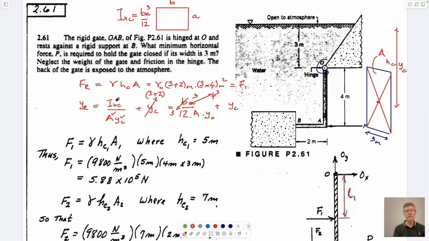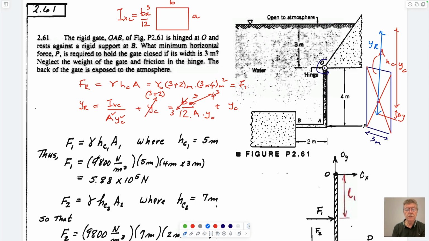So we know the second moment of area about the centroid around the x-axis, which is BA cubed over 12. And so we can calculate what that location would be, and that would give us this depth to the centroid, which we've called delta y. And that means that this total height here would be y sub r. Sorry if it's getting crowded, but that's it.